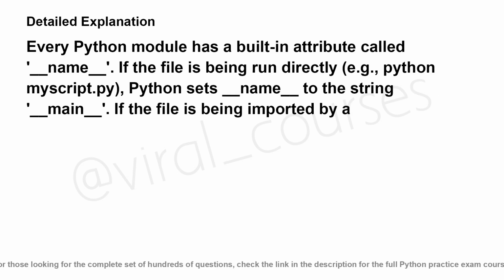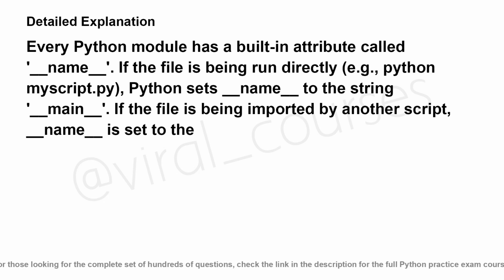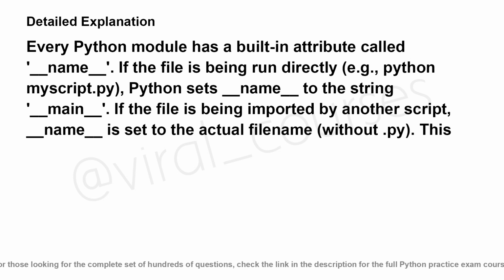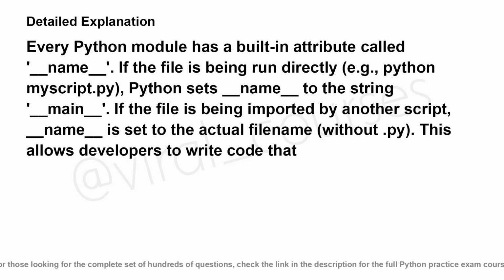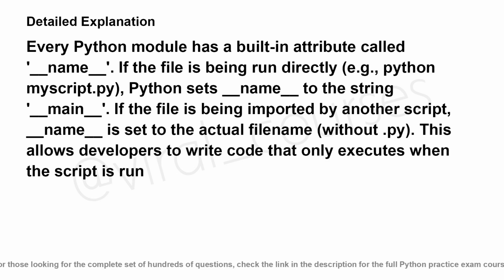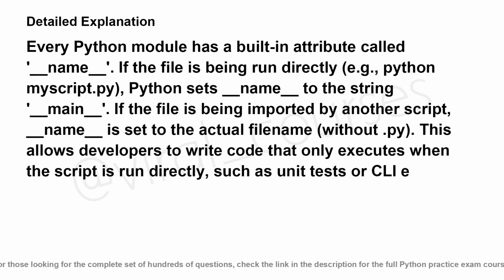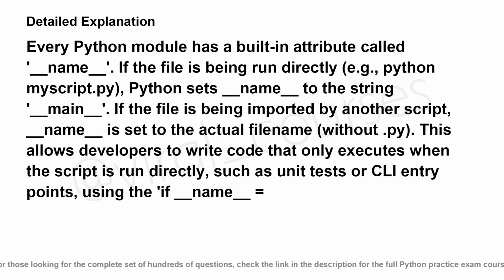If the file is being imported by another script, __name__ is set to the actual filename, without .py. This allows developers to write code that only executes when the script is run directly, such as unit tests or CLI entry points, using the if __name__ == '__main__' block.